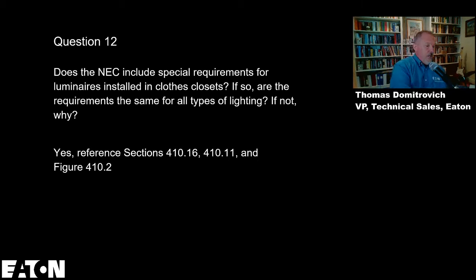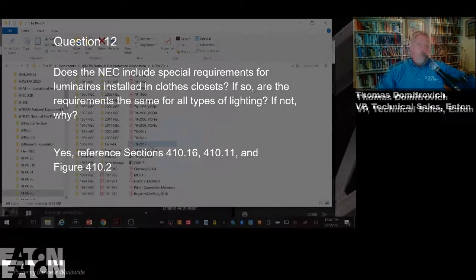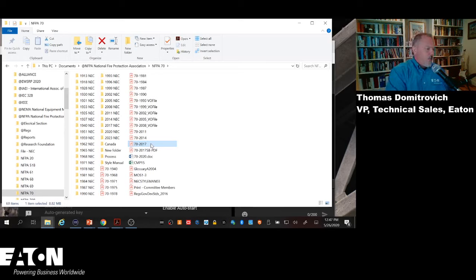So let's do this. I'm going to open up the 17 book real quick. I'm not sure if I can do anything quick on this computer, but I am going to open up the 17 code book, and we're going to do a quick search. I've got to put my code books down.